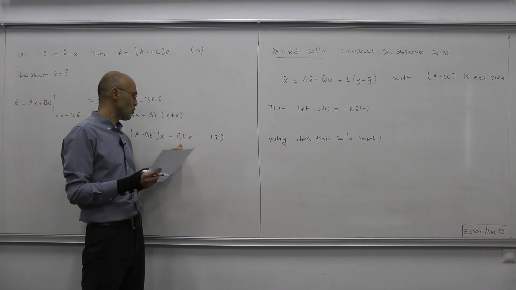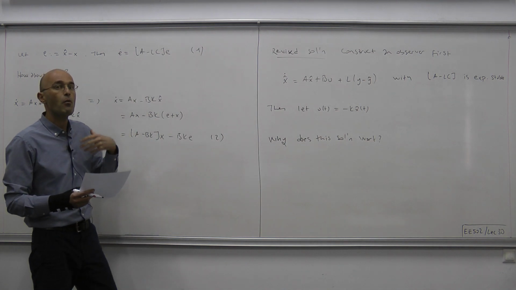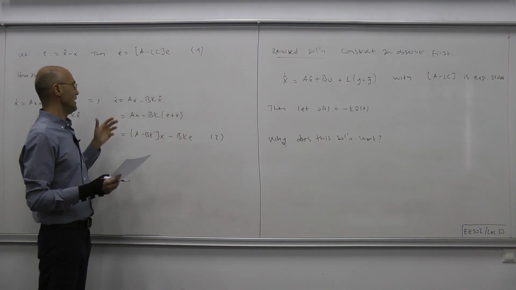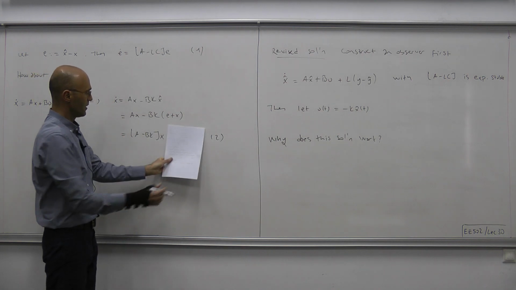If this term is converging to 0 as time goes on, then after a while we can more or less suppose that x dot approximately equals A minus BK times x.